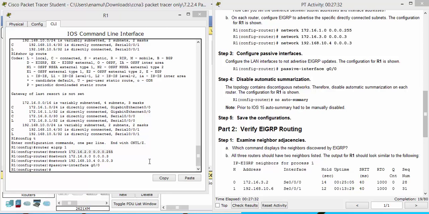Another great example would be a network handoff link to a third-party organization which you have no control over. In this case, you would need to advertise that particular link throughout your own routed domain, but not allow the third party to receive or send hellos to your device.